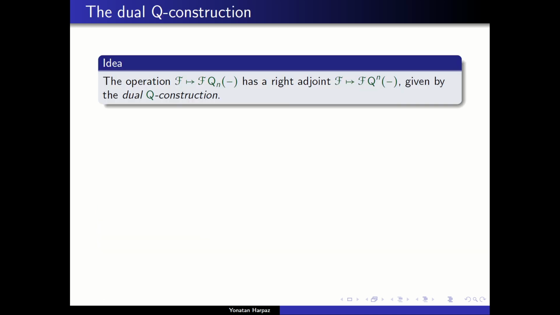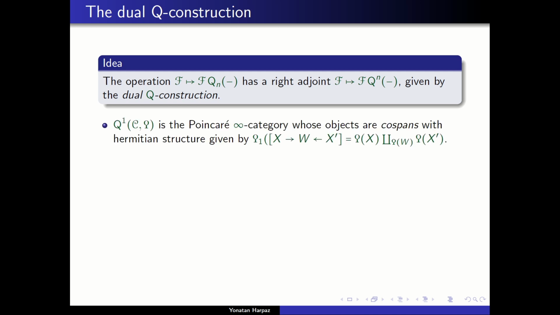So I will not give the general definition, but let me just give, for example, in the case of n equal 1, the dual Q construction in degree 1 is the Poincaré infinity category whose objects are cospans.